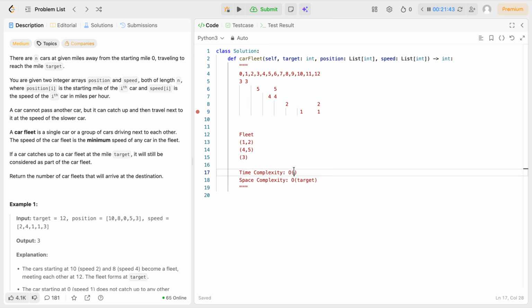So it would be n times speed of n. That's kind of confusing, but it's the best I can do at the moment. Now, stacks. Where do stacks fit into this scenario? I don't know.